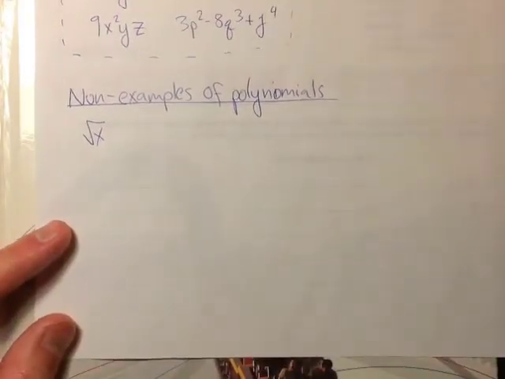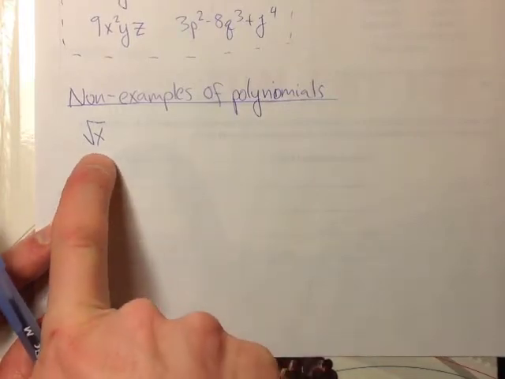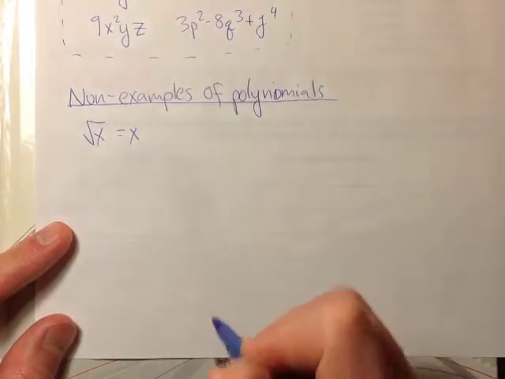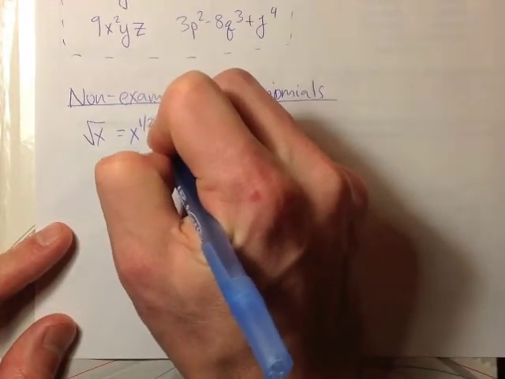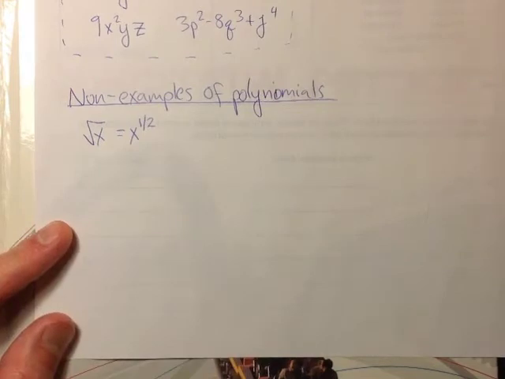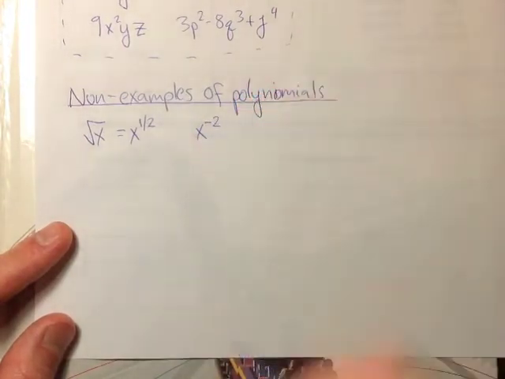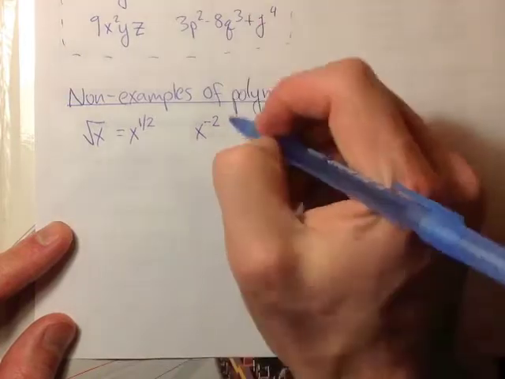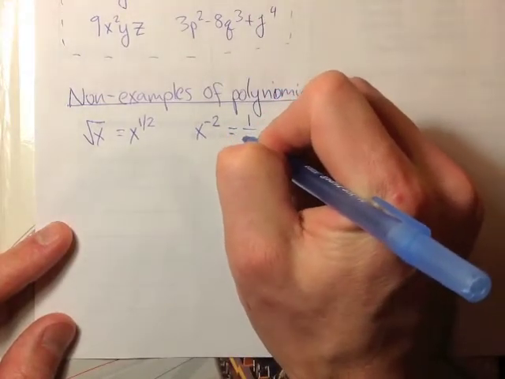We will learn later on in this class that if we were to write this with an exponent, this would actually be x to the 1/2 power. That's square root of x. Here's another non-example of a polynomial. x to the -2nd power. Ooh. And we just learned that this can also be written as 1/x squared.